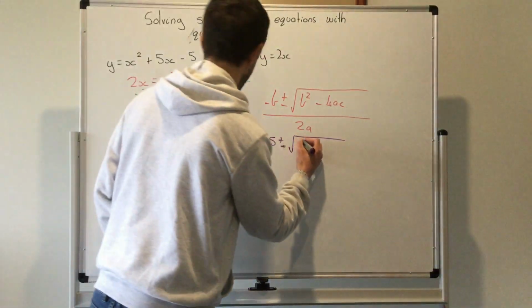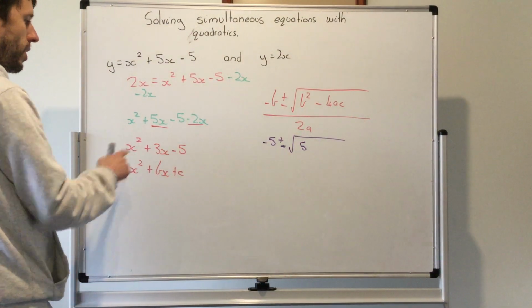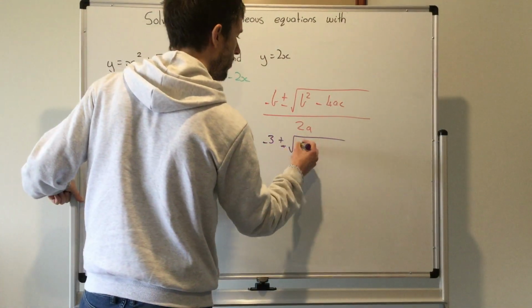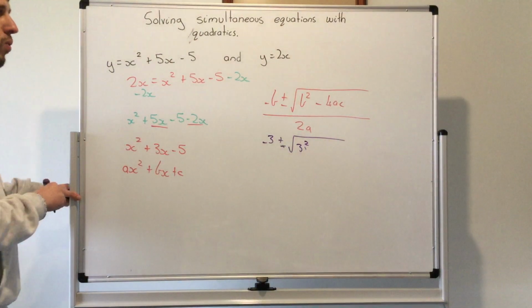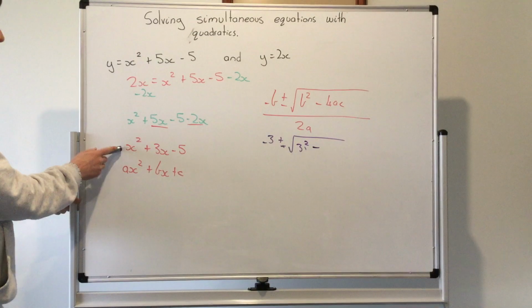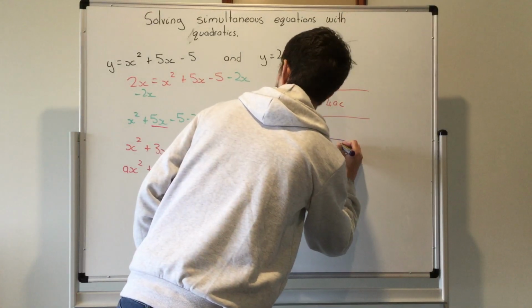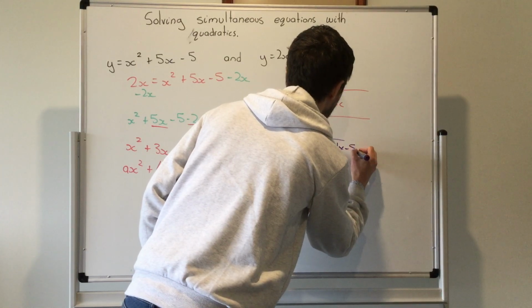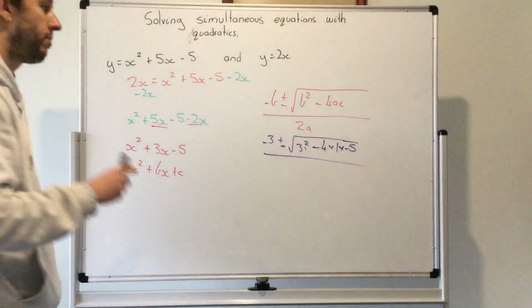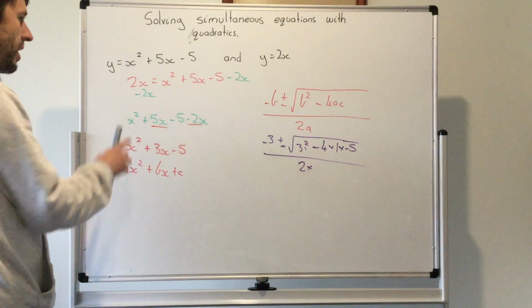B is 3, so 3 squared minus 4ac. 4a is 1, c is negative 5. 4 times 1 times negative 5 over 2 times a, and a again is 1.